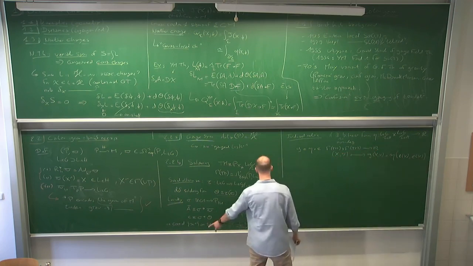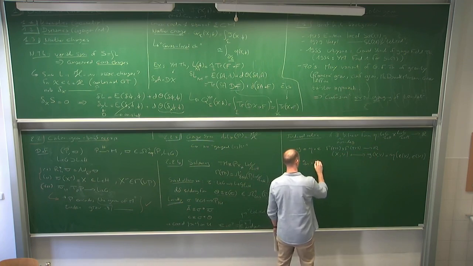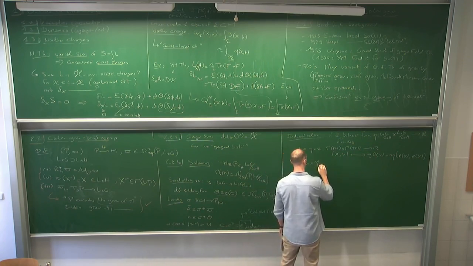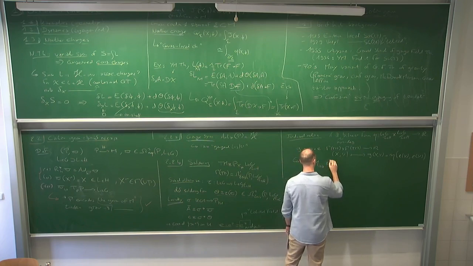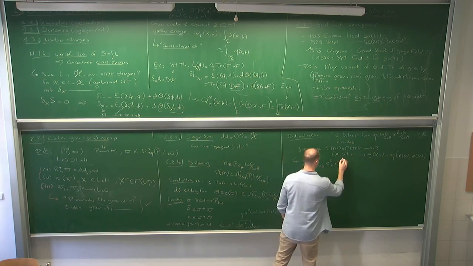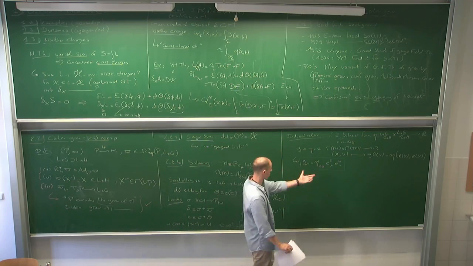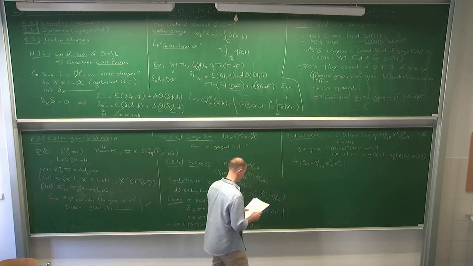And again, in coordinates, this is nothing but the very well known formula that we find in every advanced textbook in GR, that expresses the metric field in terms of the product of the tetrad.